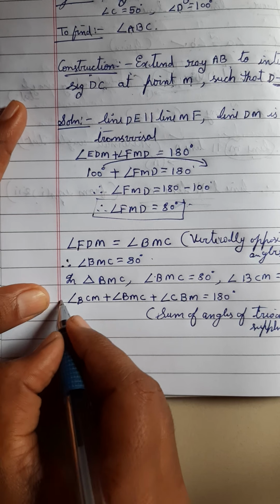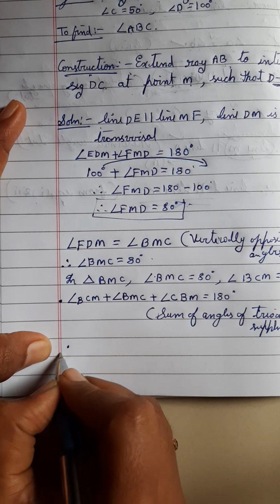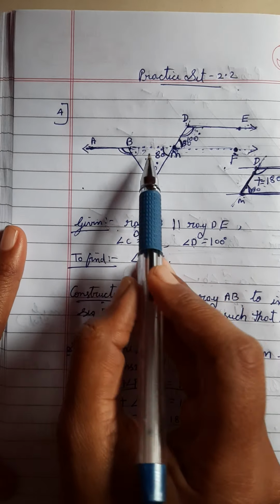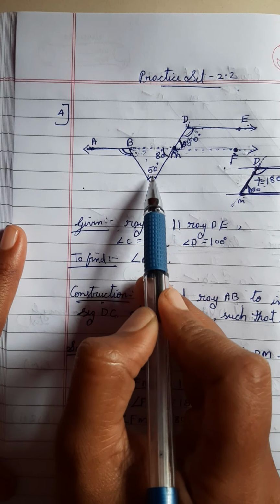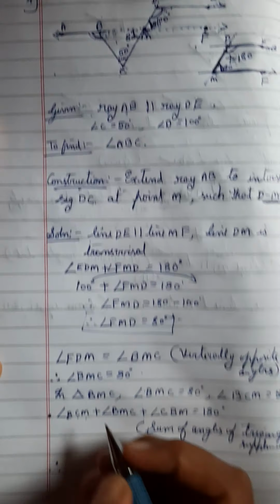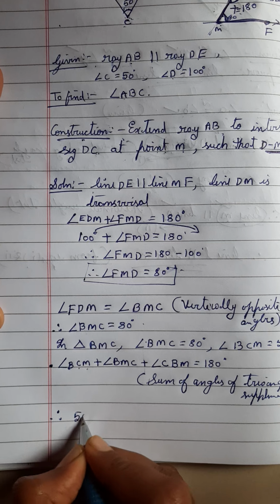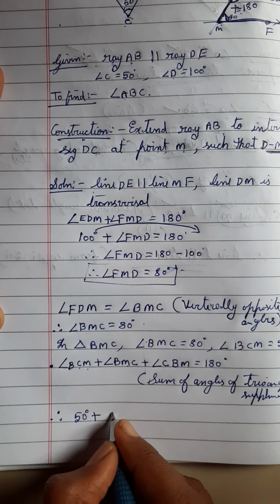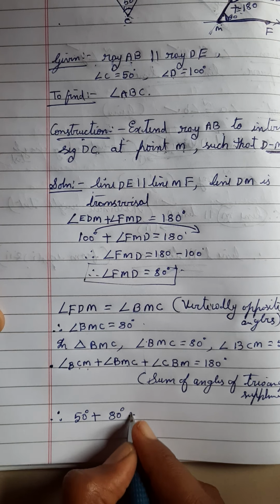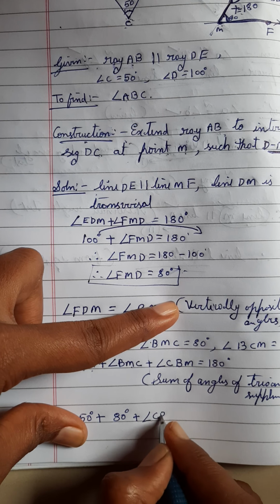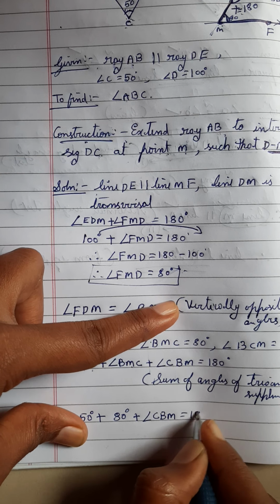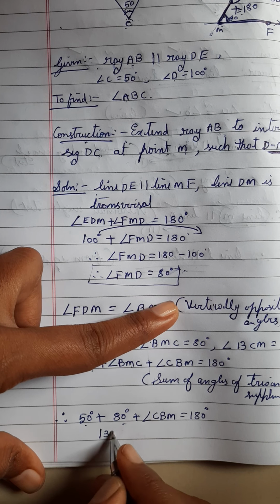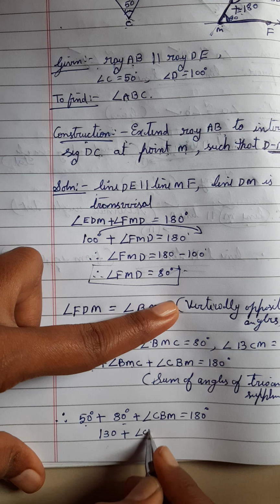So in the next step, therefore, what is BCM? BCM measure is 50 degrees. So write 50 degrees plus BMC, that is 80 degrees, plus CBM, not given, so you will find next. So 80 plus 50, 130.